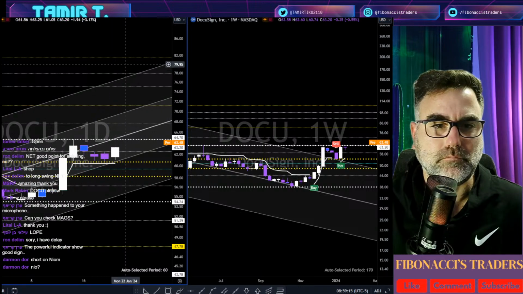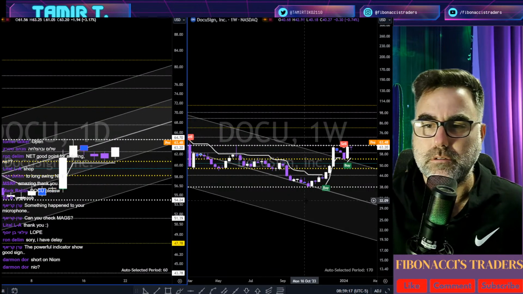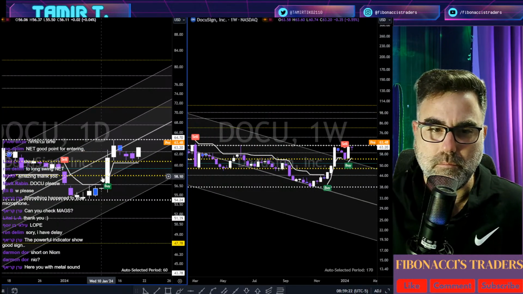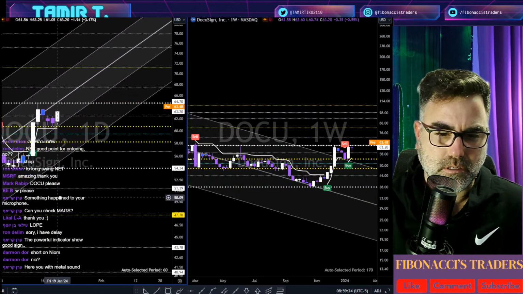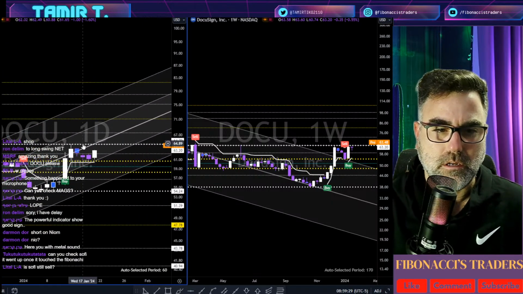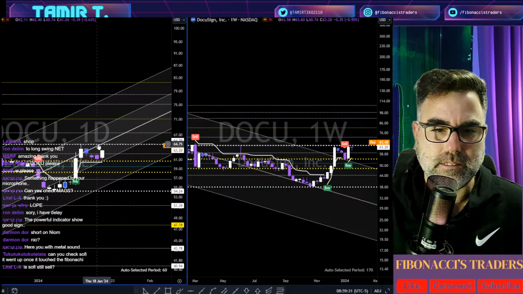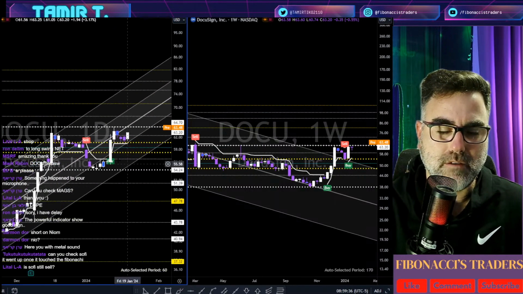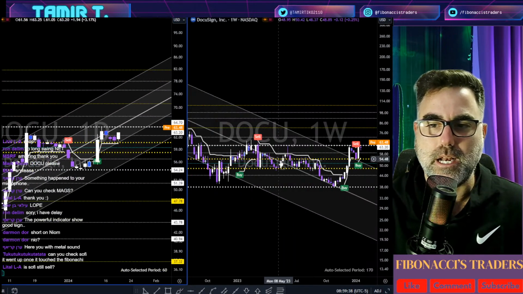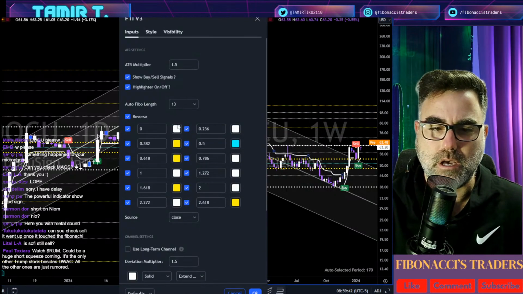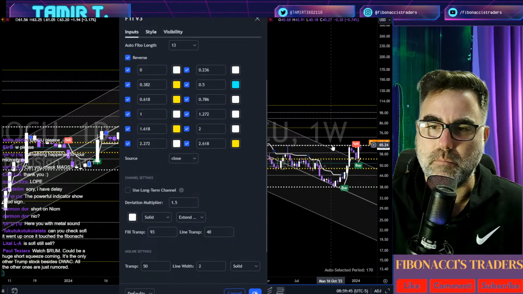Anyway, DocU, long continuation above 65. When is the earnings on DocU? Just hold above this one, 64.75, a long continuation. We have an uptrend on the daily. This one will become an uptrend once we break above this level.